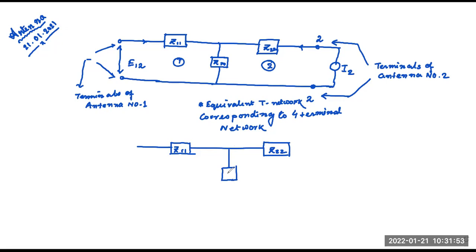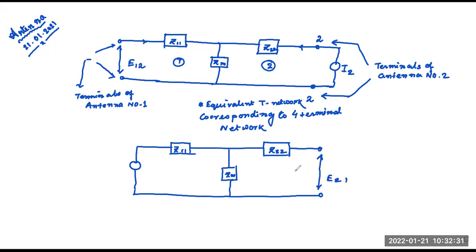This is ZM. This is terminal number 2. Here I get E21. This is second, and this is the first mesh.